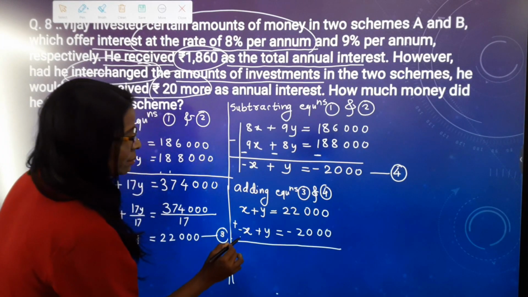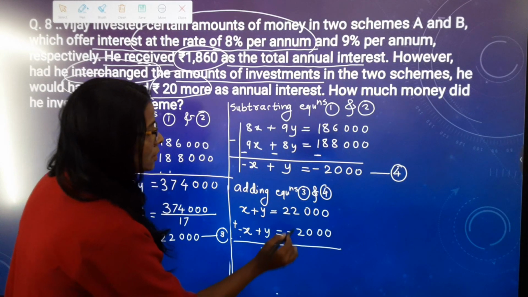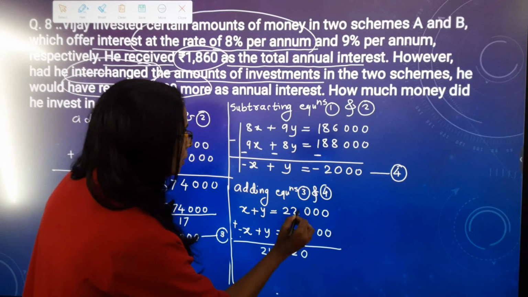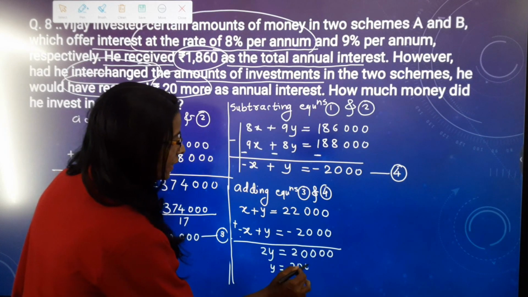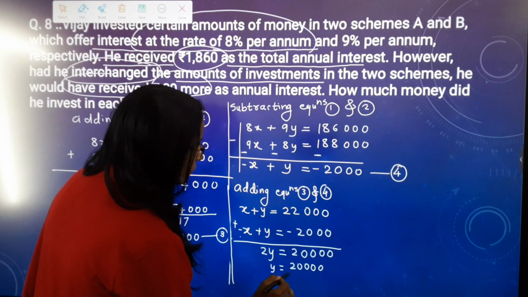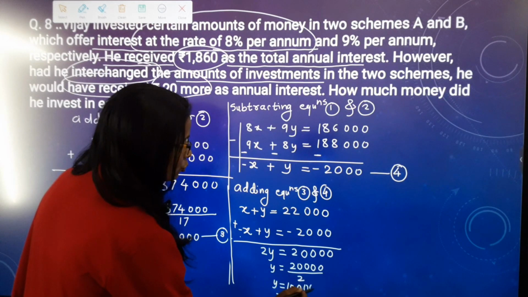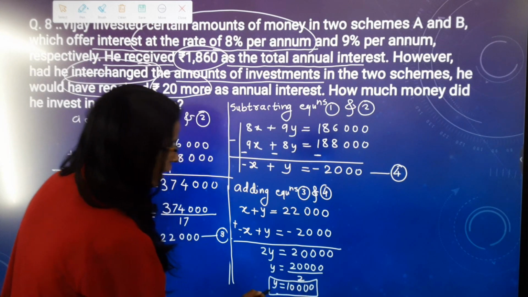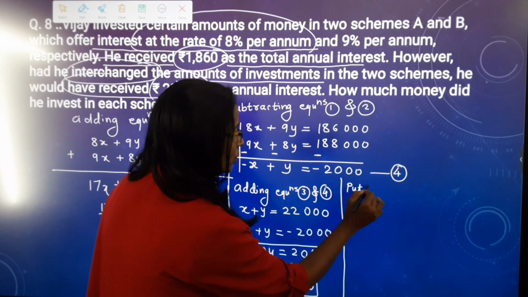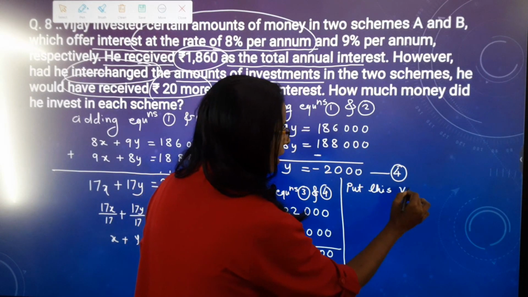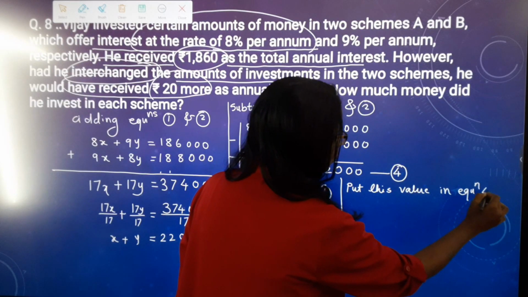That means x minus x is 0, and y plus y is 2y, is equal to 20,000. So y is equal to 20,000 divided by 2. That means y is equal to 10,000, students. Then put this value in equation 4.